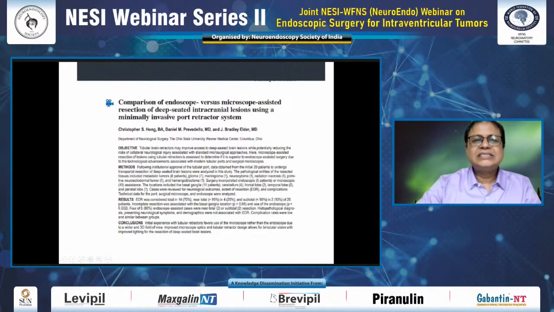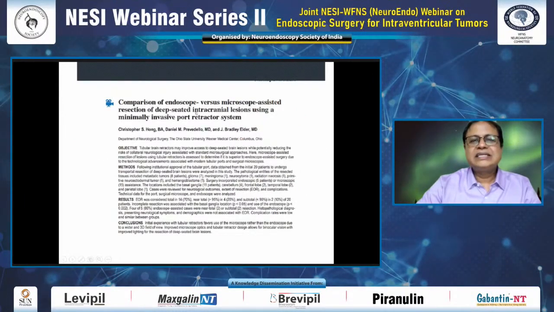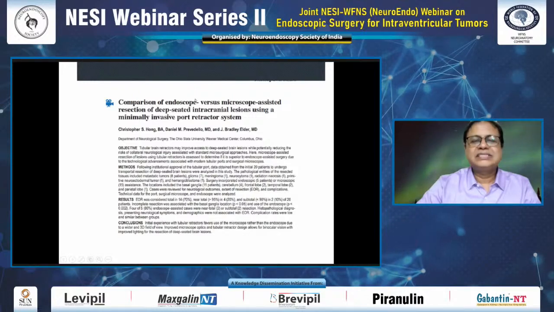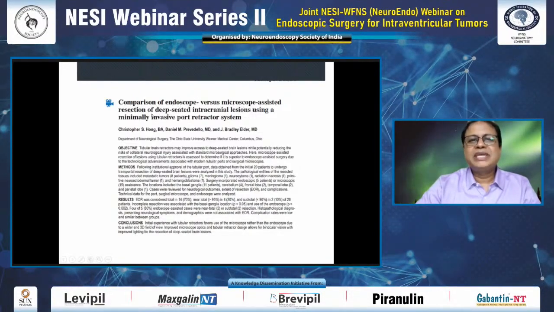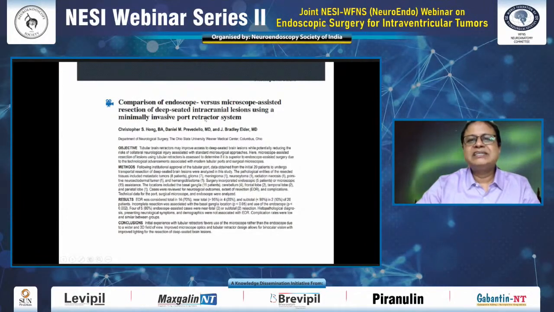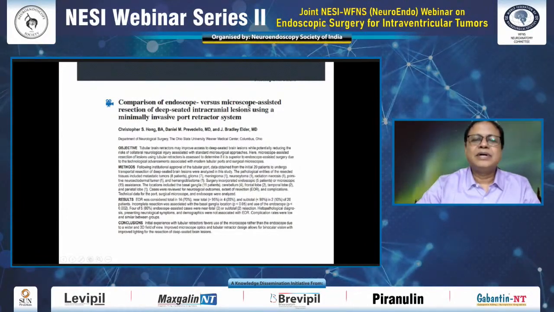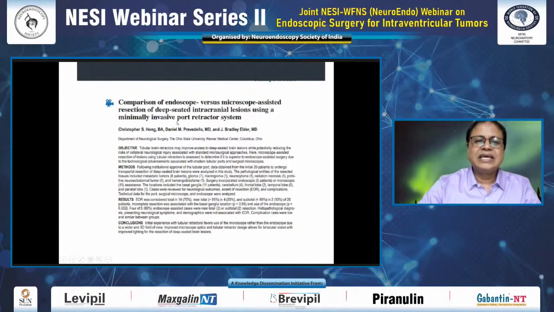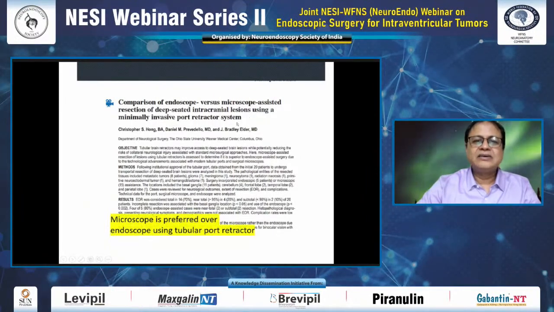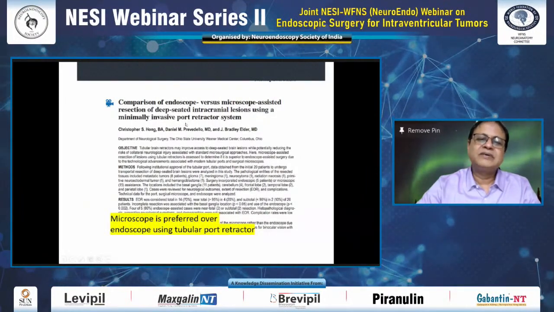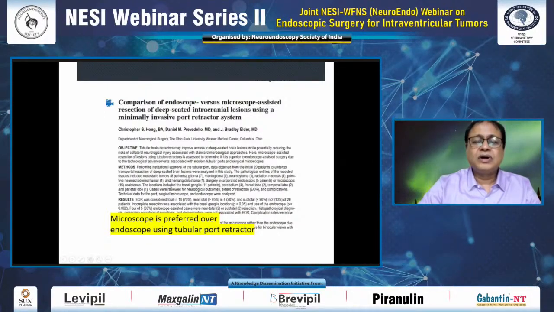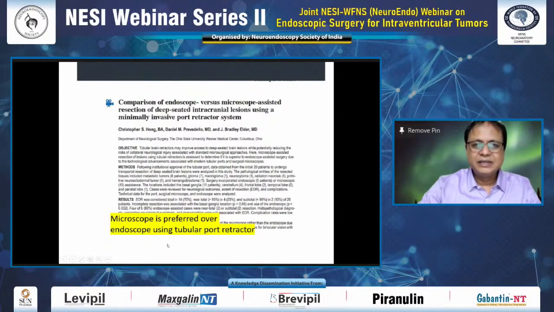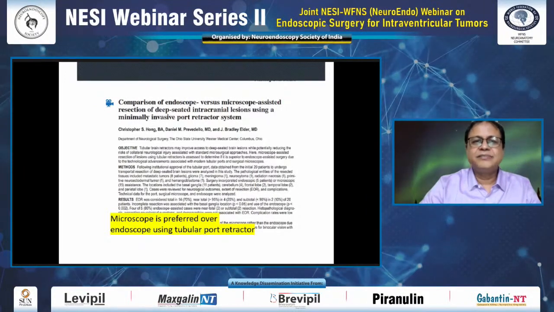I didn't find a comparison of the complication rate in endoscopic versus microscopic assisted intraventricular tumor surgery, but there was a comparison of endoscopic and microscopic resection of deep-seated intracranial lesions using a tubular port retractor. The final conclusion was that the microscope is preferred over the endoscope using a tubular port retractor. Though my previous speakers may not agree, this is what is in the literature.